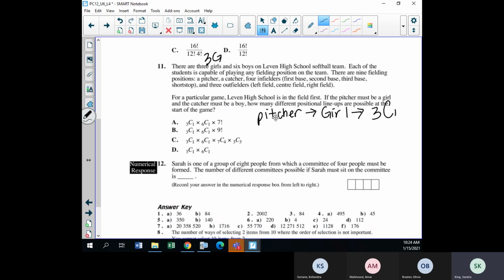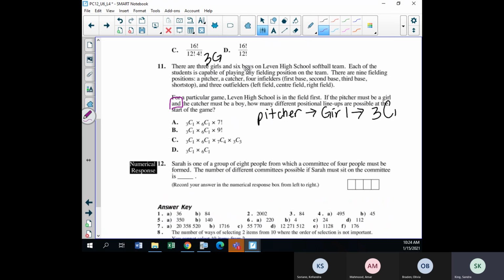And the word "and" means we multiply. The catcher must be a boy. In baseball, 1 kid gets chosen to pitch, 1 kid gets chosen to catch.